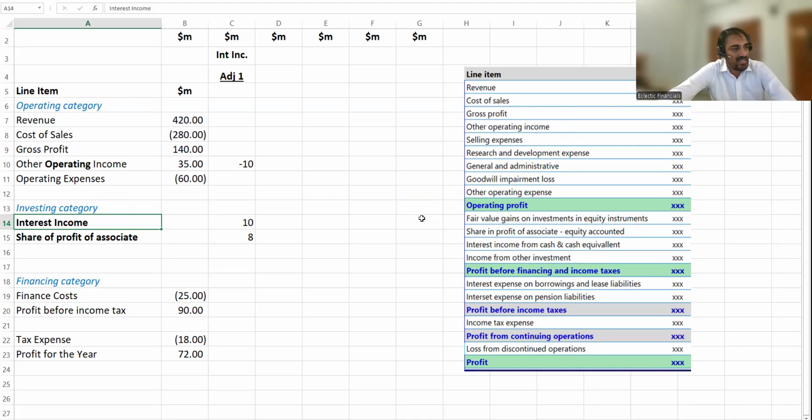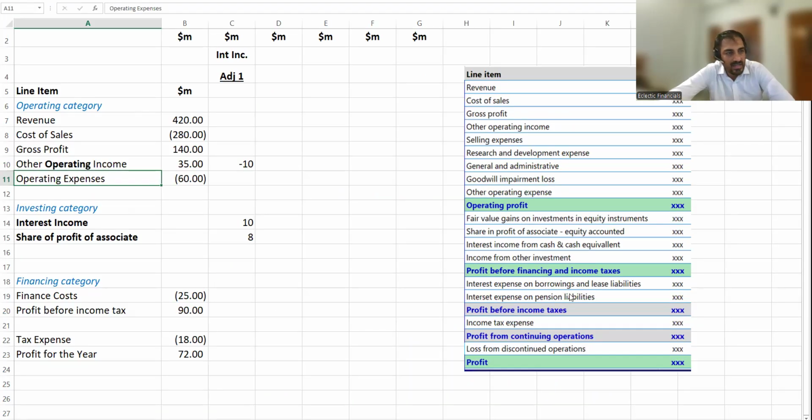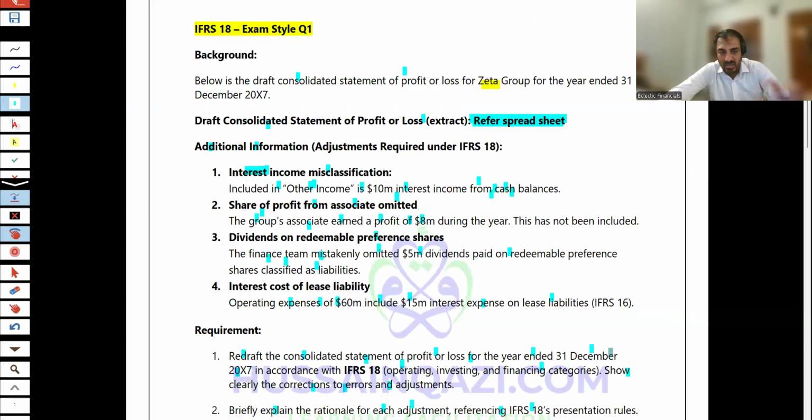Further, the subtotal matter we will conclude after incorporating all adjustments. Don't worry. Dividend on redeemable preference shares, omitted 5 million.